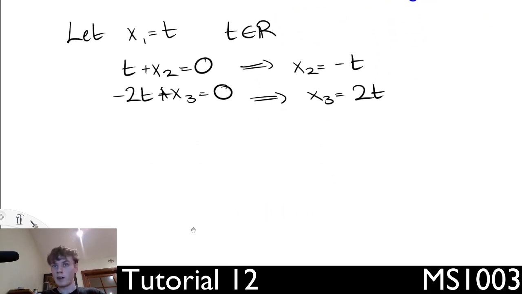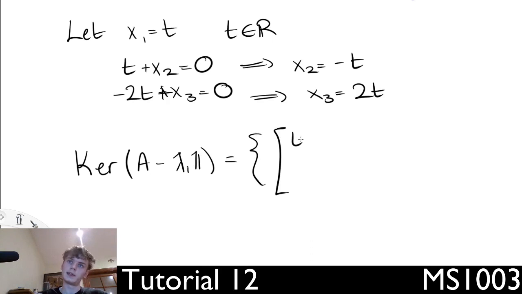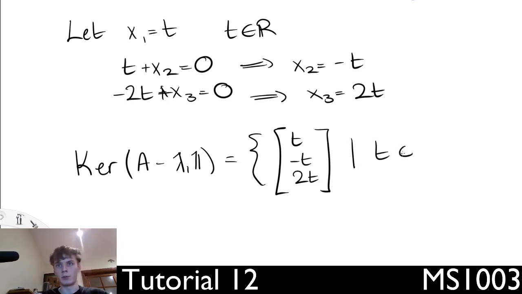And that means that the kernel of A minus lambda 1 I is going to be the set of all vectors that look like t, minus t, and 2t, such that t is a real number.